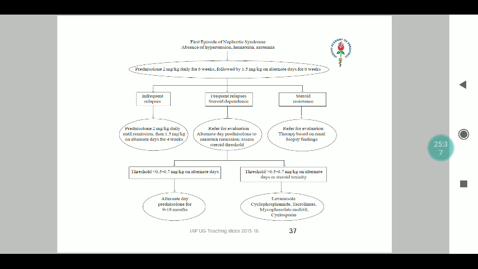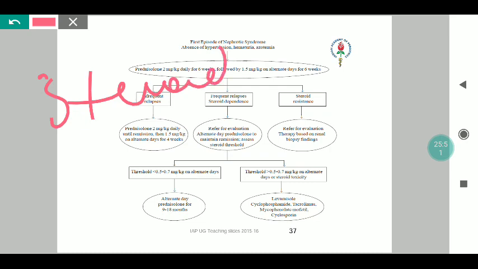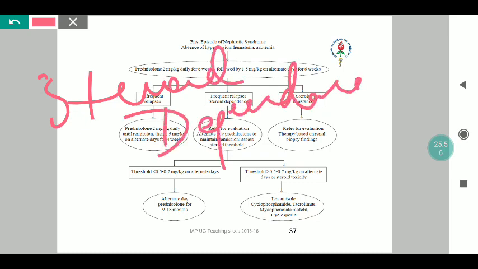Steroid dependence is where the child has had 2 consecutive relapses when the child is on alternate day steroids or within 14 days of discontinuation. So this is steroid dependence.